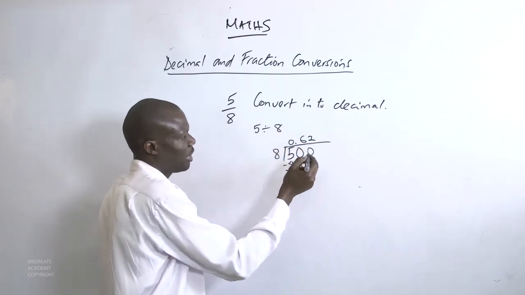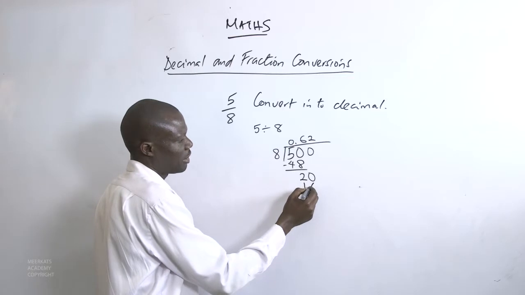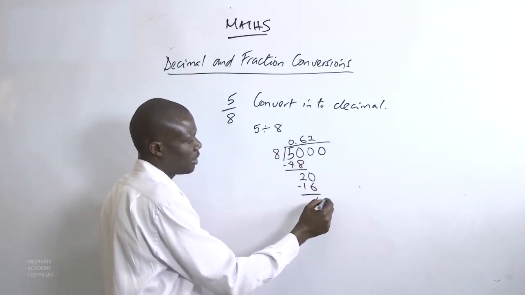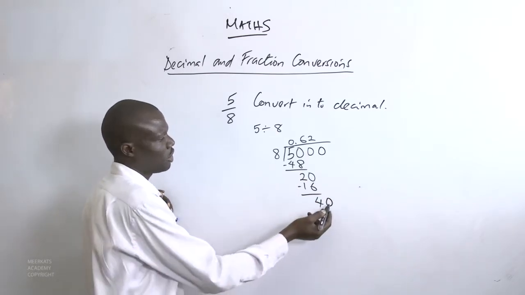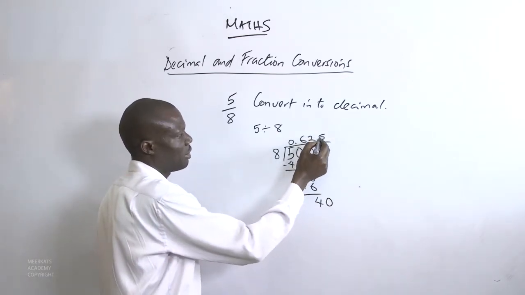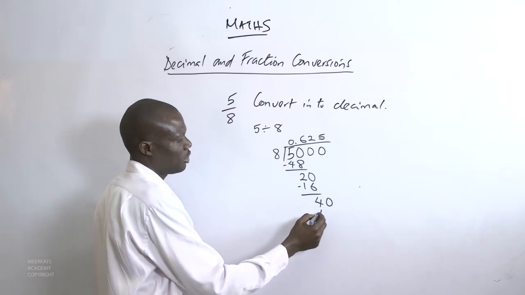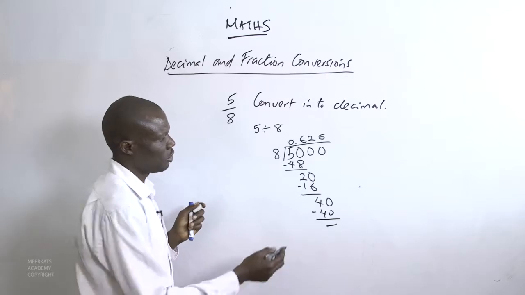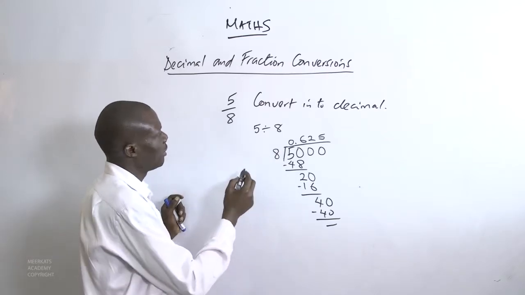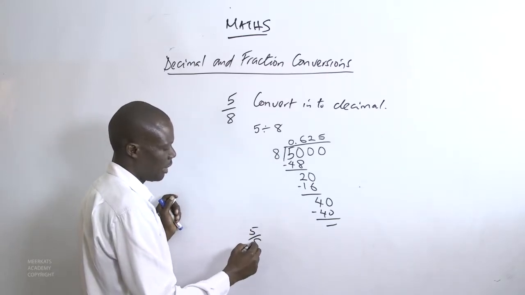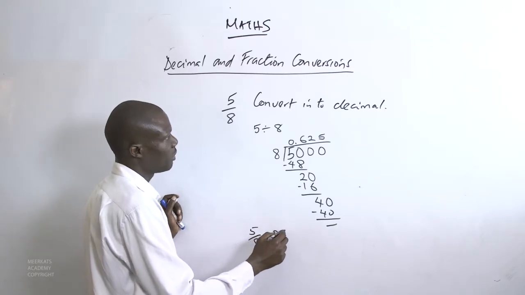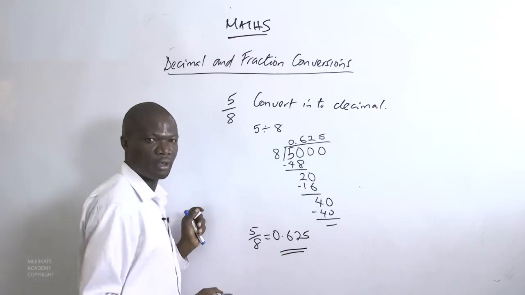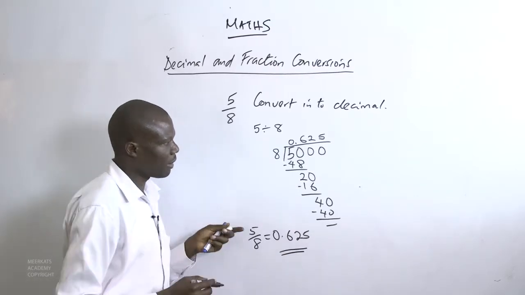It goes 2 times. 2 times 8 is 16. When you subtract, we have a 4. You will bring another 0 here. 40 divided by 8 is 5. 5 times 8 is 40. So you'll find that we have exhausted. So then it means that 5 over 8 is the same as 0.625.